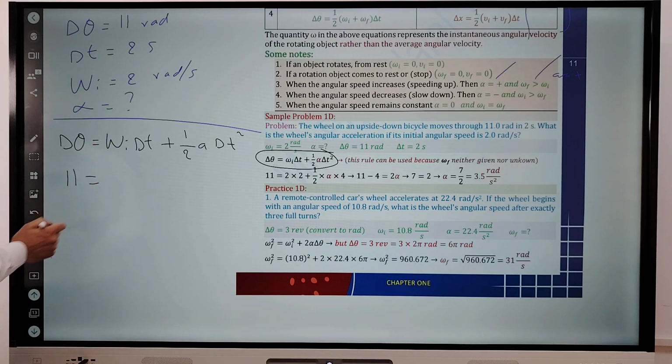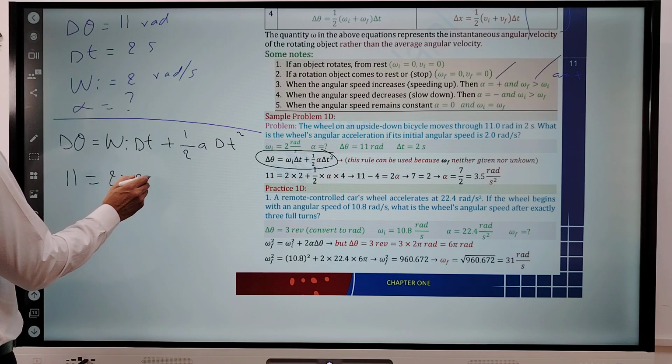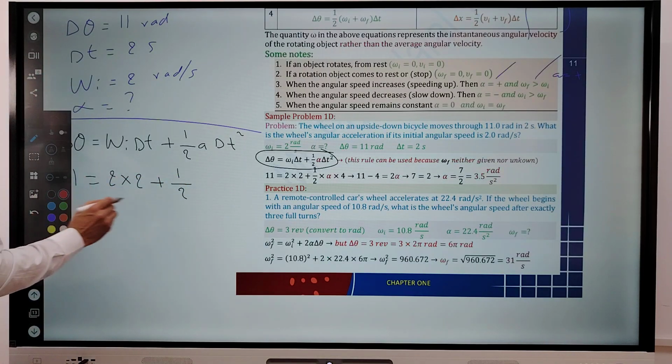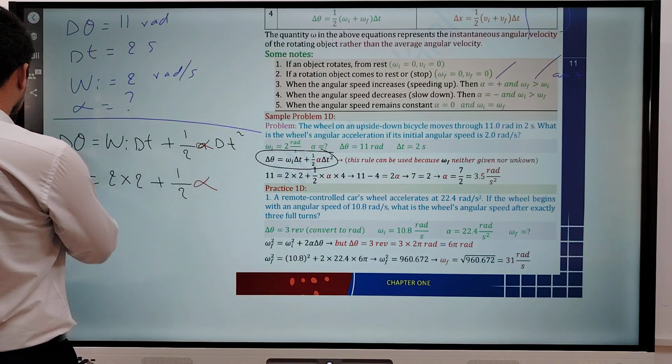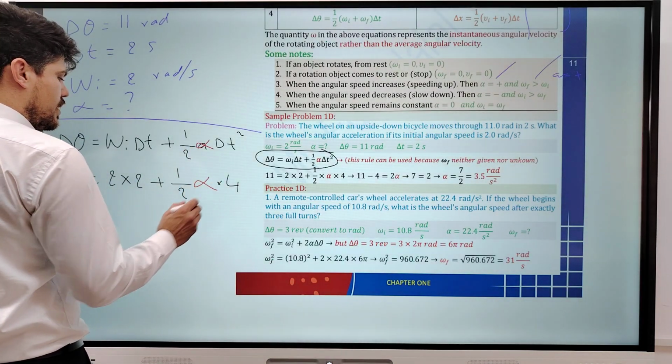11 equals omega initial, which was given, times 2, time also was given, plus 1 over 2 alpha, which is unknown, times t squared, which is 4.